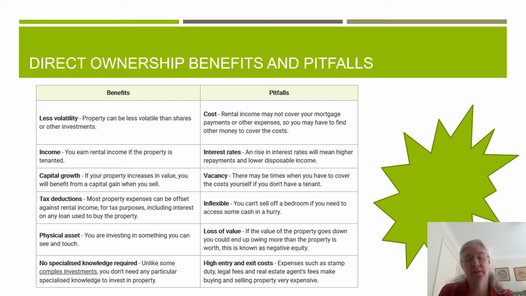And if it increases in value, you're going to have a capital gain when you sell it. There are some tax deductions available for investment properties. You can offset the costs against your rental income, and that includes the interest on any loan used to buy the property, not the actual payments to reduce the main loan, but the interest part.